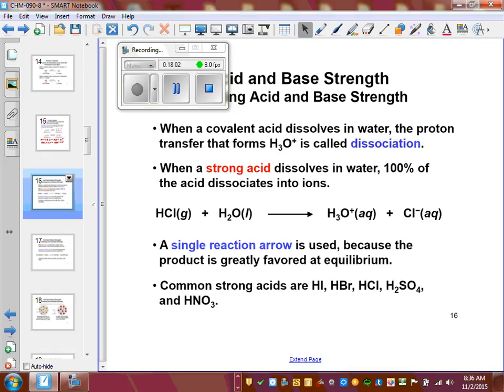So common strong acids are HI, HBr, HCl, H2SO4, and HNO3, nitric acid, which is my favorite acid. Why? Because when I was in graduate school, being a poor graduate student, late at night you'd only have a couple pennies in your pocket, and they were made out of copper. Nitric acid dissolves copper.